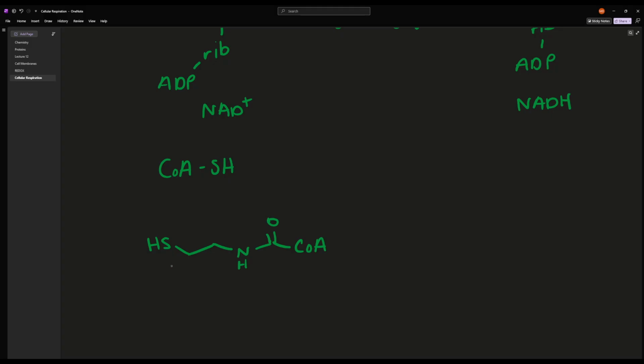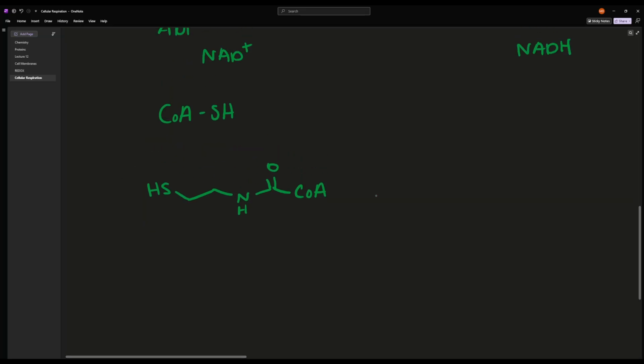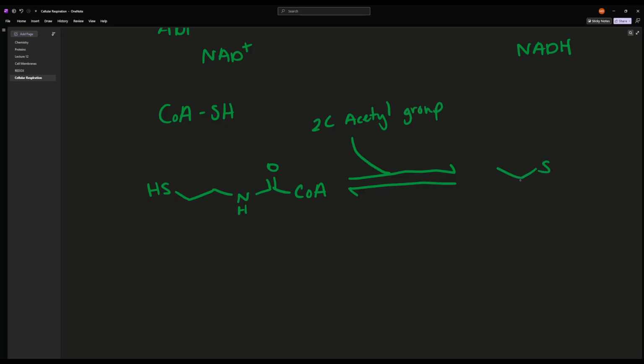Now, what can happen here is if we have a 2-carbon group, especially due to that carbonyl, we can actually attach that. So if we add in an acetyl group, in other words, our 2-carbon acetyl group, we end up with, there's our acetyl, here's our 2 carbons that are being carried.